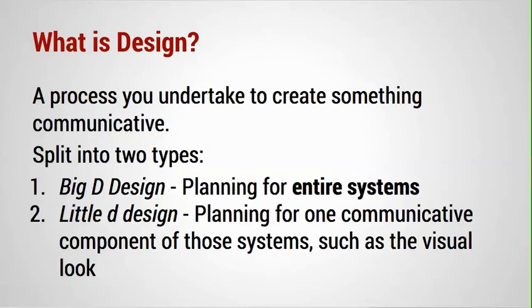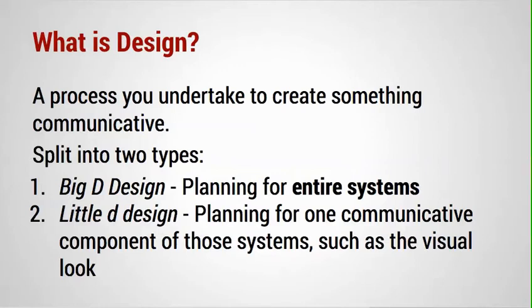In little d design, we're not planning an entire system, we're just planning for one communicative component of some system. So we might design a visual style for an app, we would be conducting little d design. But if we have to design the entire app and figure out who it's for and how they're going to use it and what functions it should have, then we're performing big D design.